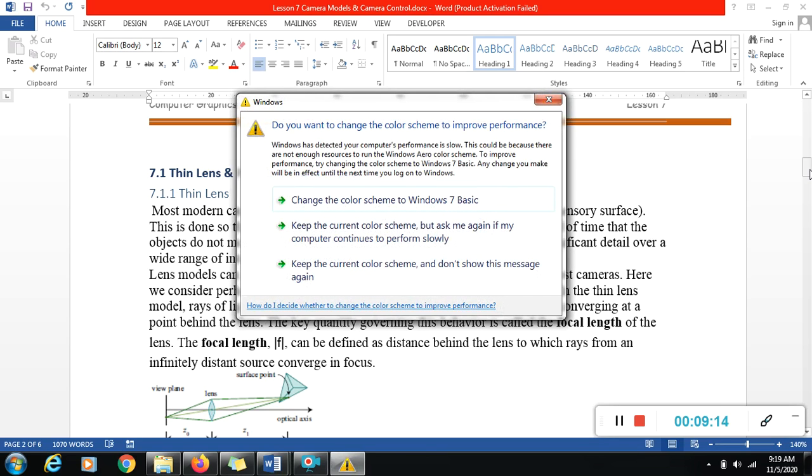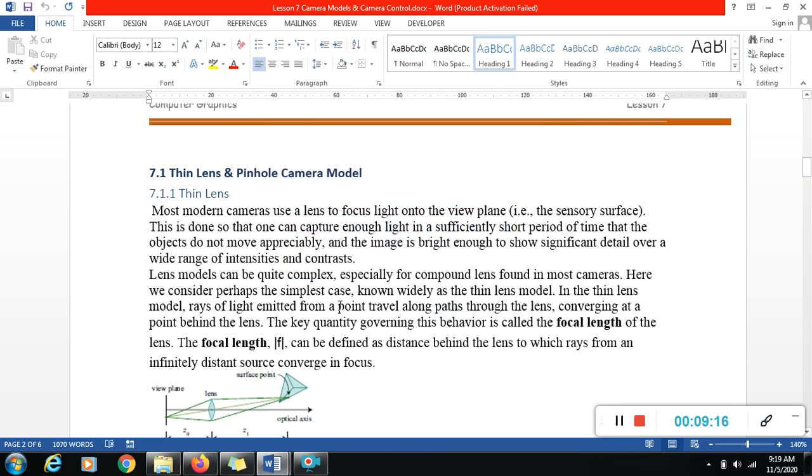In the thin lens model, rays of light emitted from a point travel along paths through the lens, converging at a point behind the lens. That is important and is obvious for us to understand for virtual cinematography. The key quantity governing this behavior is called the focal length of the lens.